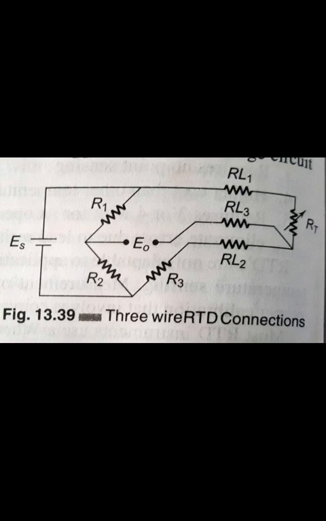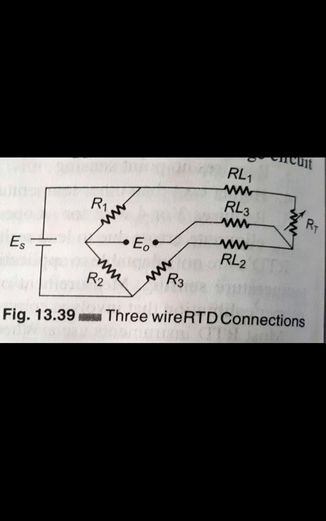Next is the 4-wire RTD connection. The 3-lead RTD gives sufficient accuracy for most industrial applications. However, when a higher degree of accuracy and precision is required, a 4-lead RTD connection is used.